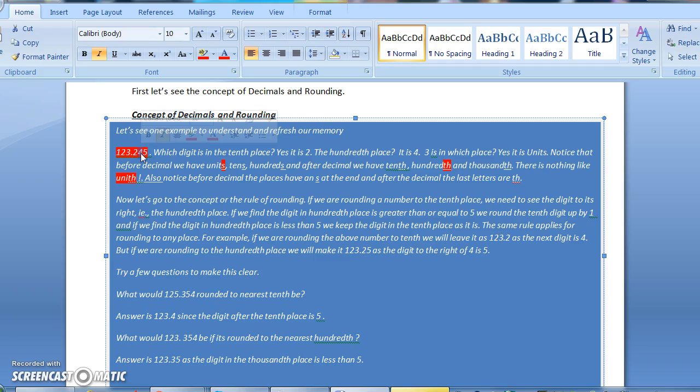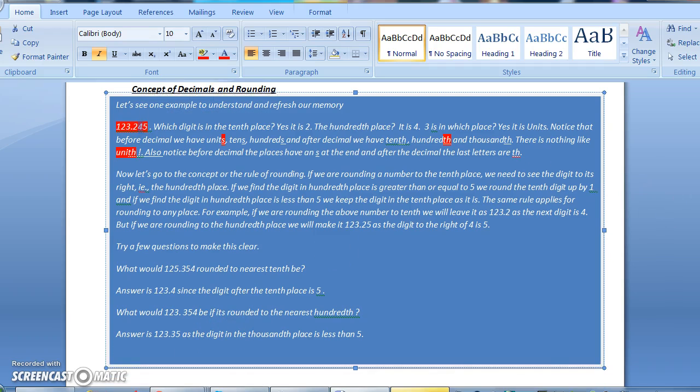So the rule says look at the next digit to the right. If the digit is 5 or more, the original digit has to be rounded up by 1. If the digit to the right is less than 5, we do not round it up, we leave it as it is.